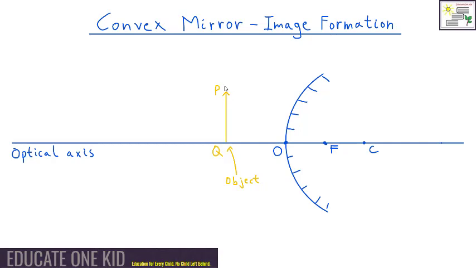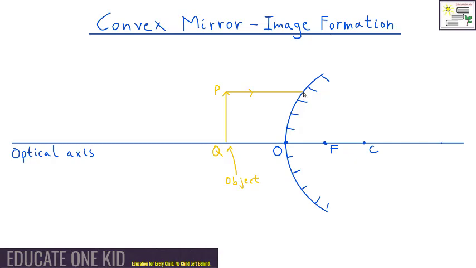Now let's focus on the light rays that travel from the top of the arrow. We discussed in our video that light rays which travel parallel to the optical axis, so if I draw a light ray from the top of the arrow that travels parallel to the optical axis, we discussed in the video on the basics of the convex mirror that such a light ray will reflect in the following way.